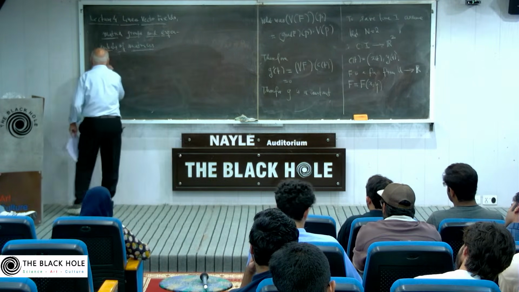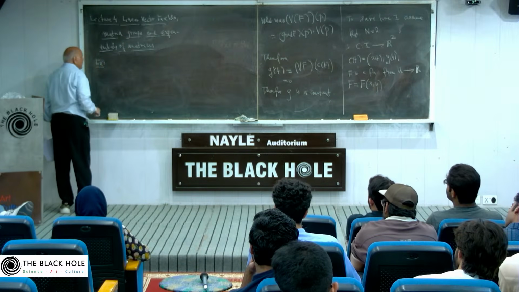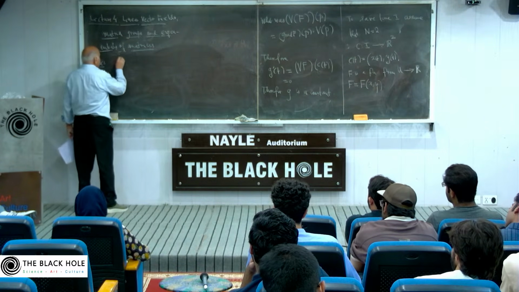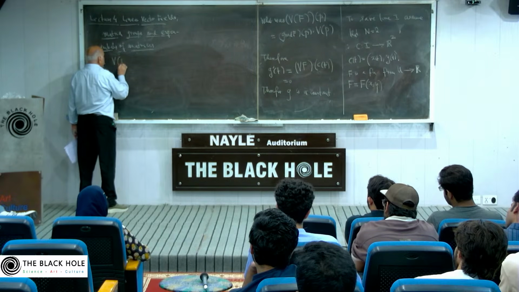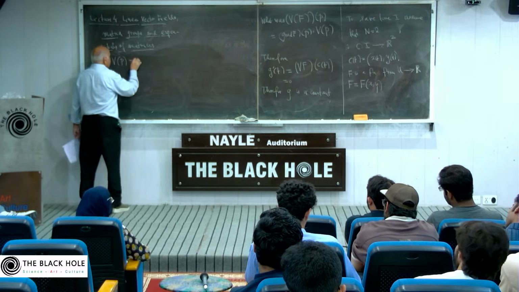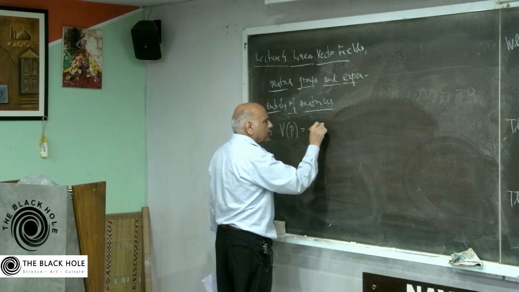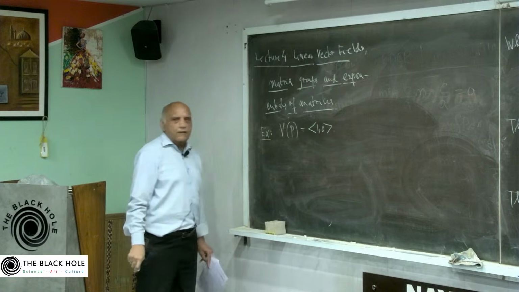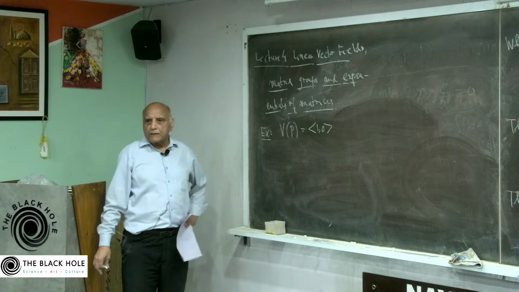So example. We look at this constant vector field. V at any point P is the vector. Let's stay in 2D, right? So what is it as a differential operator?